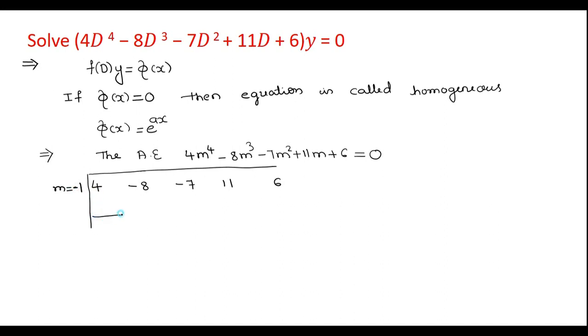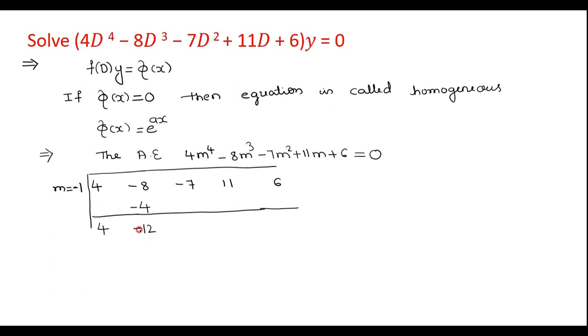For the synthetic division method, one of the roots you find by the trial and error method. The first term we have, repeat here, so it is 4. Now multiply this -1 with the 4 and write it below the -8. So -1 into 4 is -4, and in addition, it is -12.